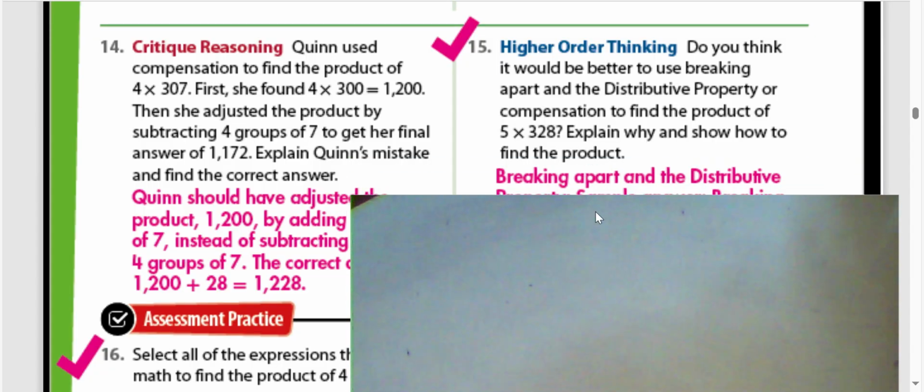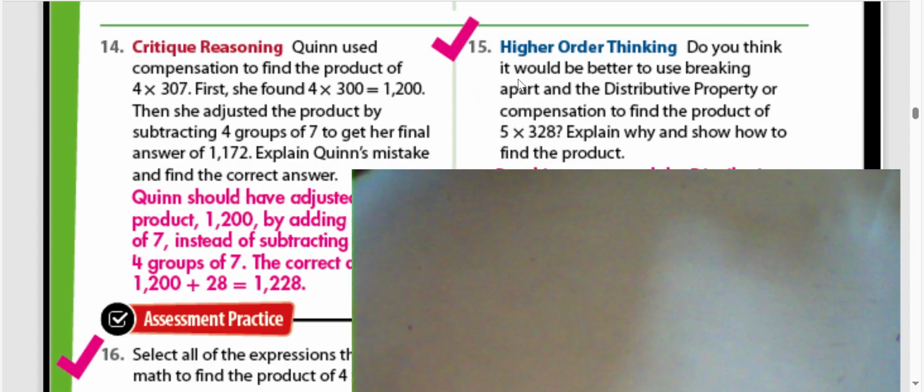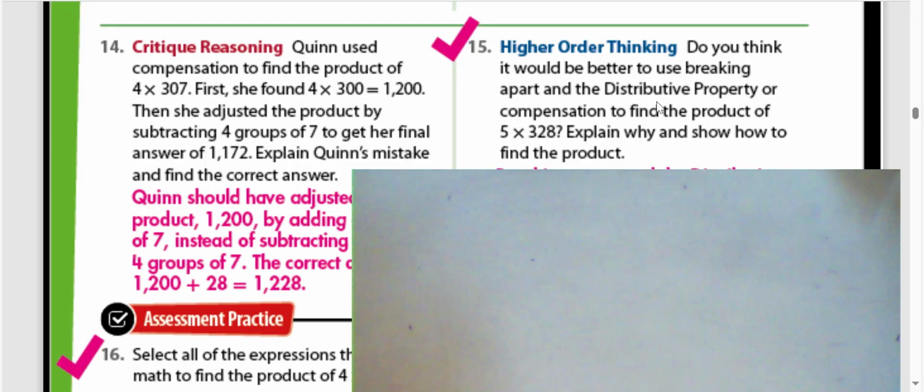Higher order thinking. Okay. Do you think we better use breaking apart and the distributive property or compensation to find the product of 5 times 328?